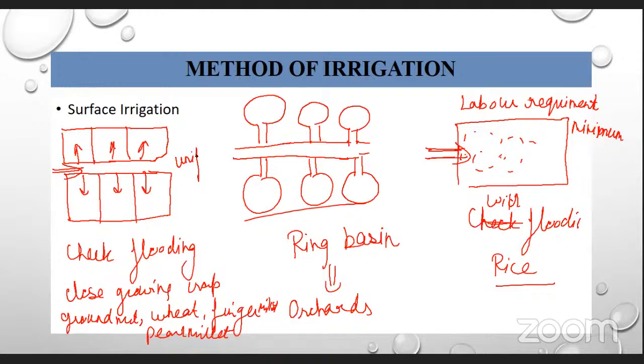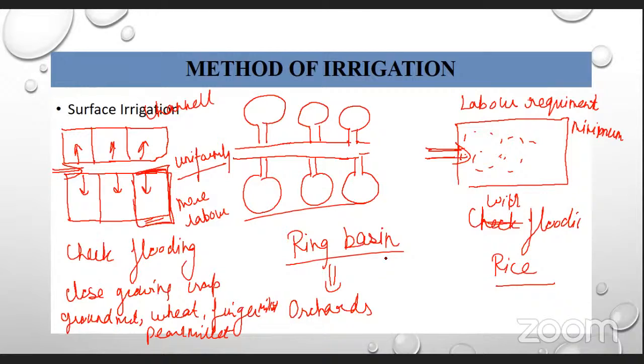So you have to see that in this the water is uniformly distributed, but some demerits are also there, because we are making these plots into small basin-like structures, and channels and ridges are formed, so more labor is required. And the same condition is with the ring basin also.